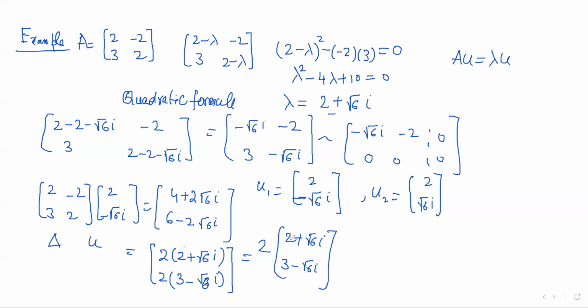We may be able to take this 2 plus root 6 i as common from this matrix, and inside you will get this 2 into minus root 6 i, which was the U matrix.